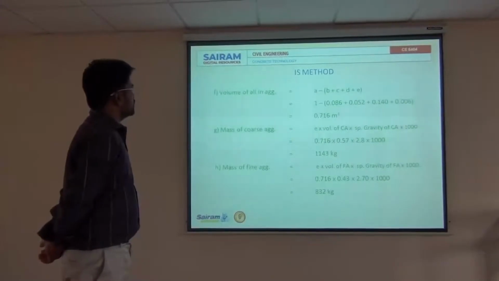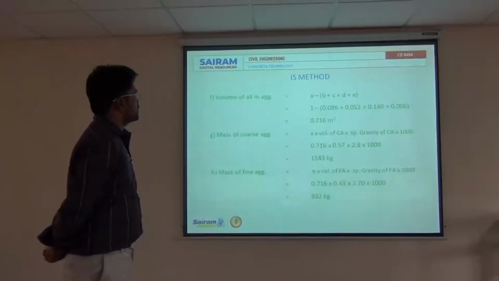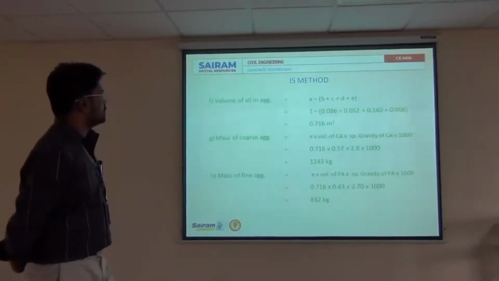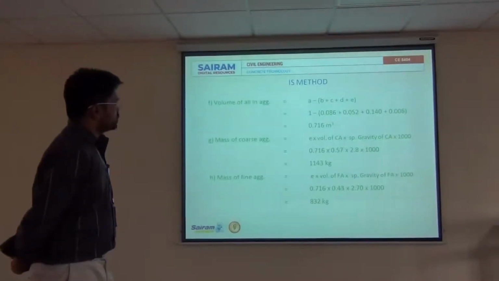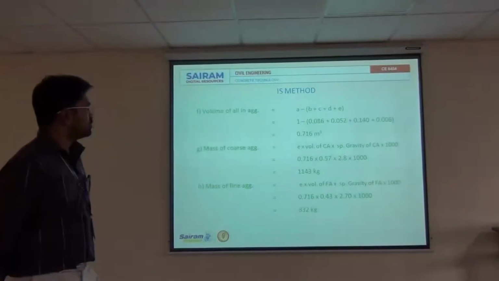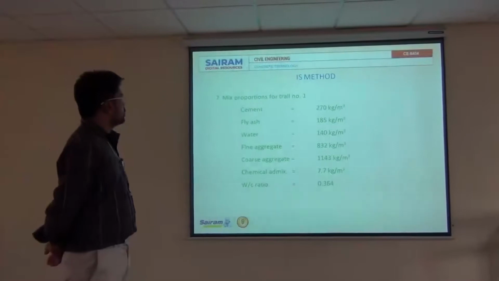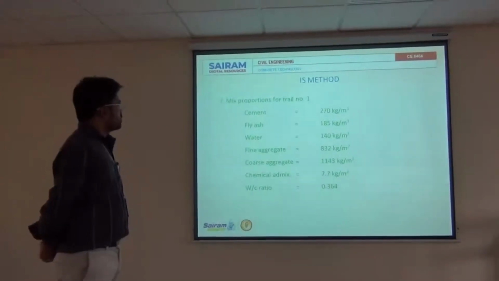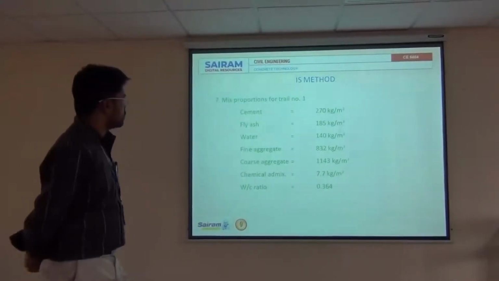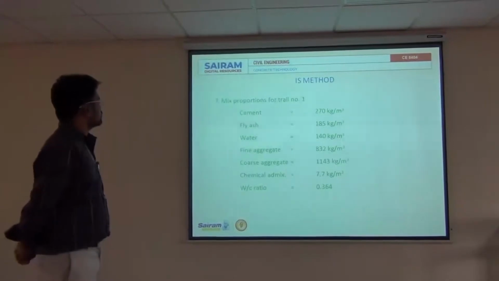Then mass of coarse aggregate is 0.716 into the volume proportion of coarse aggregate into specific gravity of coarse aggregate into 1000, you get 1143 kg. Then mass of fine aggregate is 0.716 into the volume proportion of fine aggregate into specific gravity of fine aggregate multiplied by 1000, you get 832 kg. These are the proportions for this trial: cement 270, fly ash 115, water 140, fine aggregate 832 kg per meter cube, coarse aggregate 1143, chemical admixture 7.7, water cement ratio 0.364.